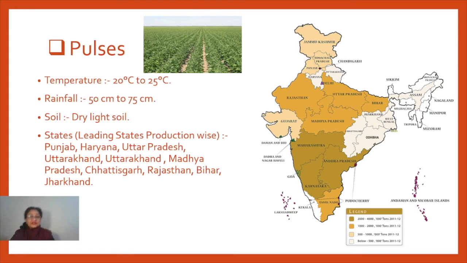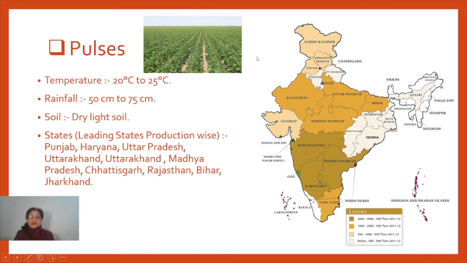In the entire world, India is the largest producer and even consumer of pulses, and it accounts for 1/5 of the total production of pulses in the world. And moreover, one more important thing is that in India a large number of people are vegetarian.